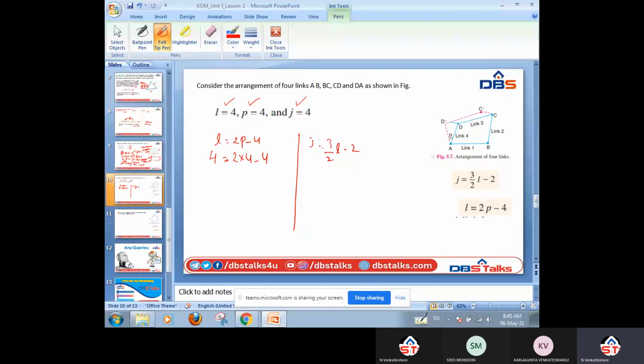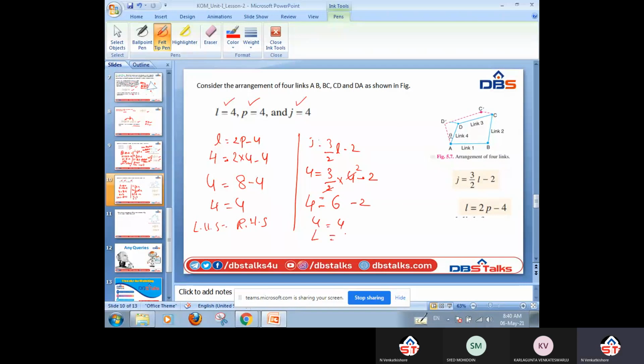And 3 by 2 L minus 2 is one more relation. 4 equal to 2 into 4 minus 4, that is 4 is equal to 4. Here the condition is LHS is equal to RHS. Number of joints is 4, equal to 3 by 2 into 4 minus 2, that is 4. So 4 is equal to 4.